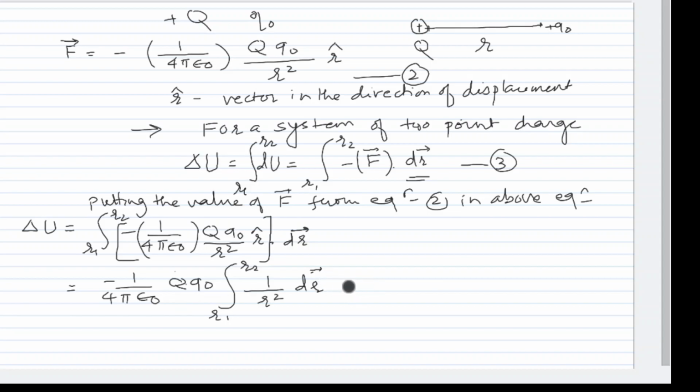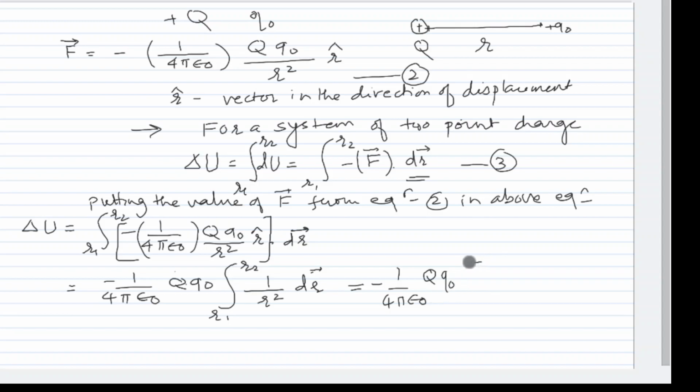So now here the integration of this is nothing but, again we will write here minus 1 upon 4 pi epsilon 0 Q Q0. Okay.